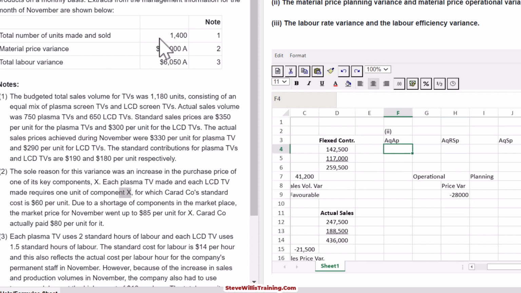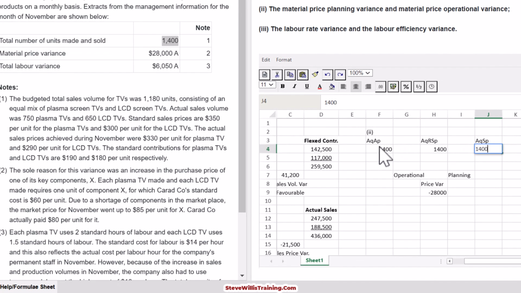So we sold a total of 1,400 units. So the total quantity, the actual quantity, will be equal to 1400 times 1, right? Or 1,400 actual quantity, actual quantity, actual quantity, right? So that AQ variable is not going to change. Do we have an actual price?